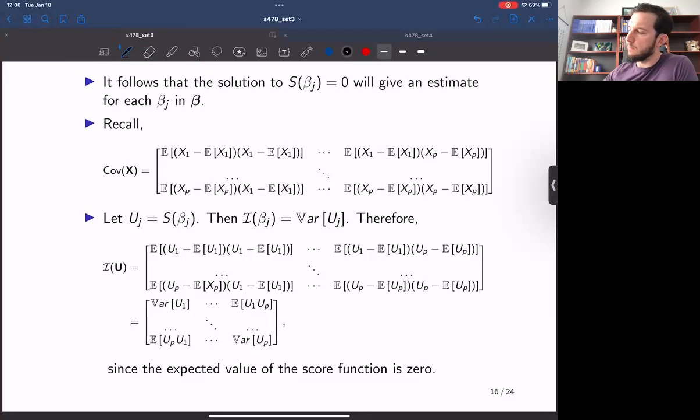And therefore, our information matrix simplifies to just being the variances on the diagonals and then the expected value of the products on the off diagonals. And that's because the expected value of the score is 0, and therefore, the expected value of the score squared is also 0. Right. That makes sense? Any questions?